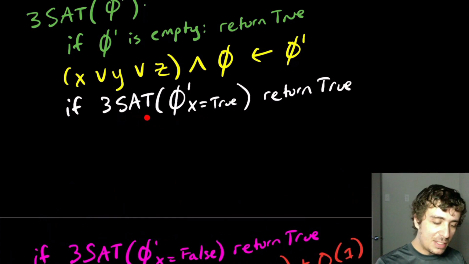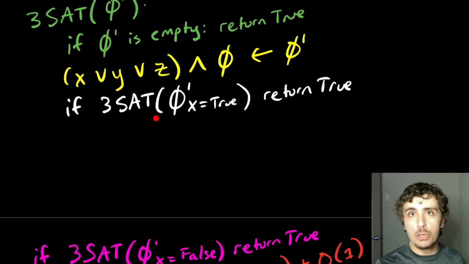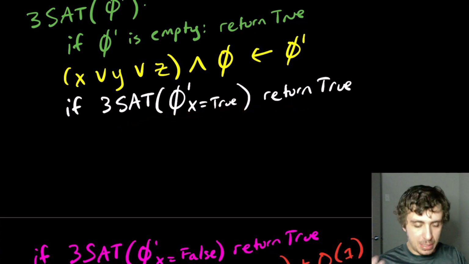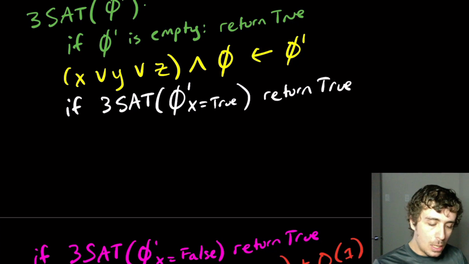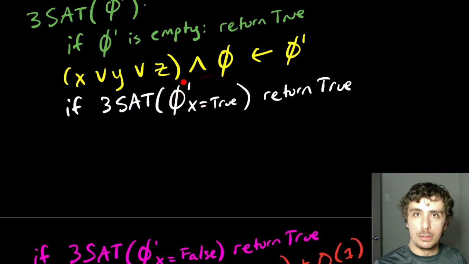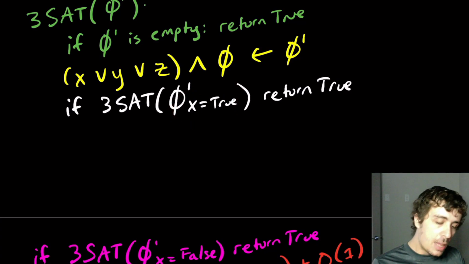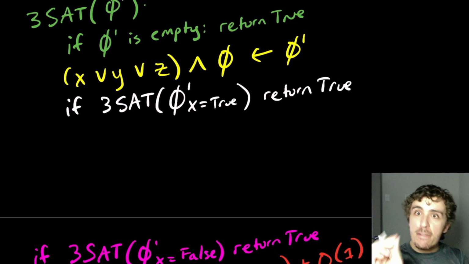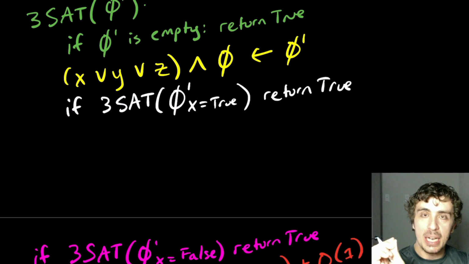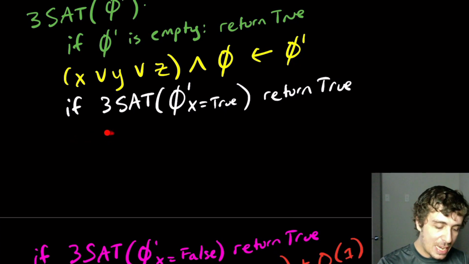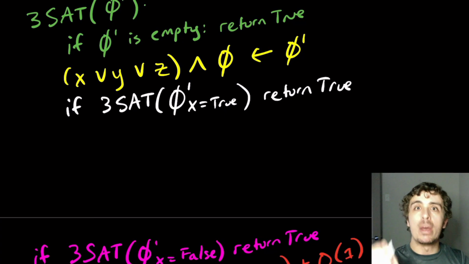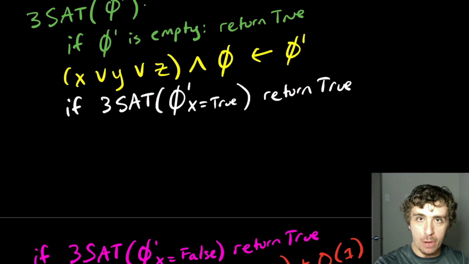Let's say that we have to do this, or at least at this point we have to do this. So suppose that this returns false, that setting x to be true is not satisfiable. Then that means that if there is a satisfying assignment at this point, right here, then x must be false, okay?